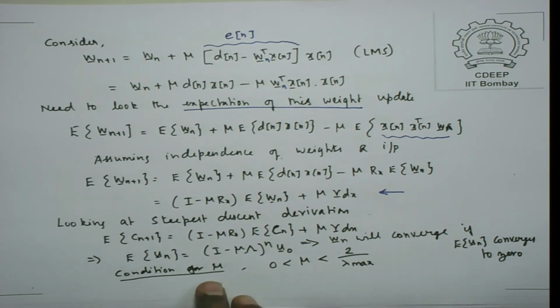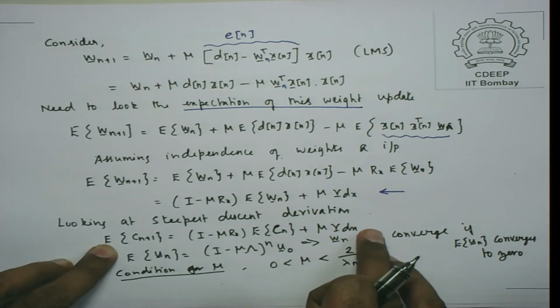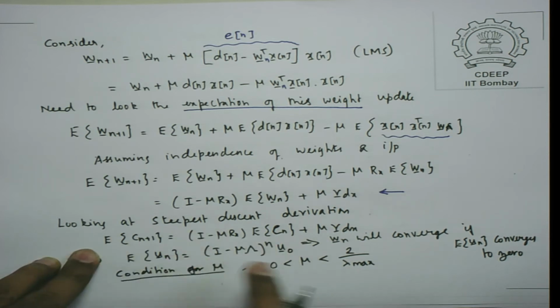Since we have a very similar and same condition, the condition for convergence of this LMS is again, as we saw before, that mu is greater than 0 and less than 2 by lambda max. While we are not deriving it here, it is worth looking at what happened in the steepest descent, so that you convince yourself that this bound on mu is exactly the same as what we saw there, and the way we derive it is also exactly the same.